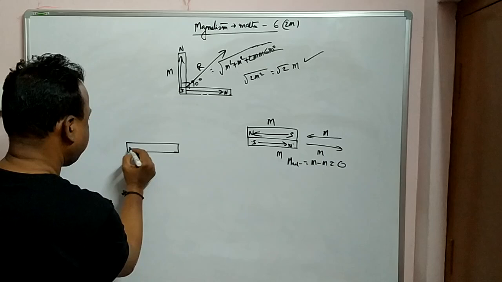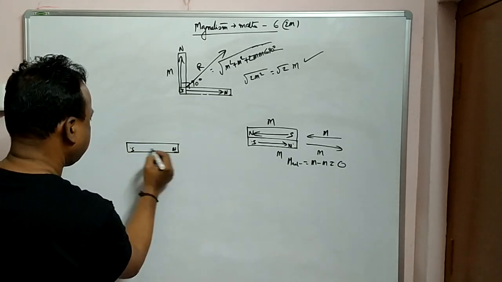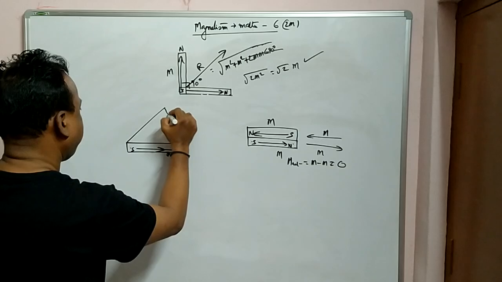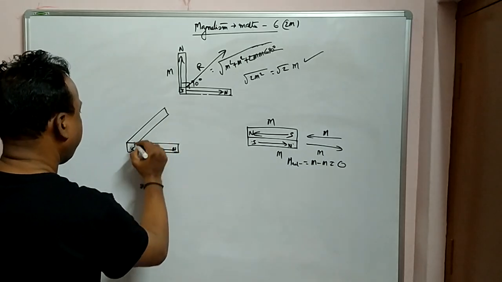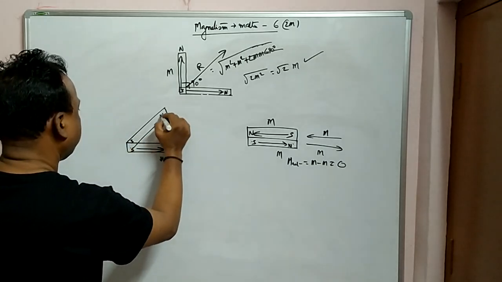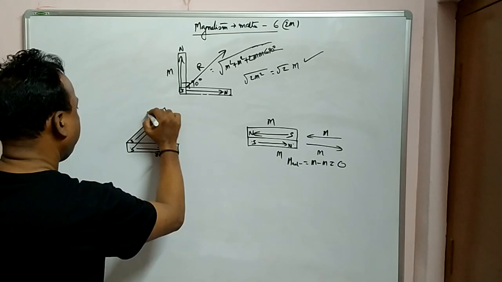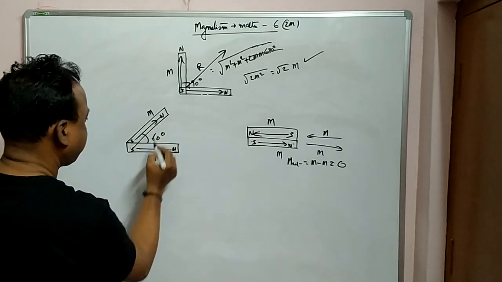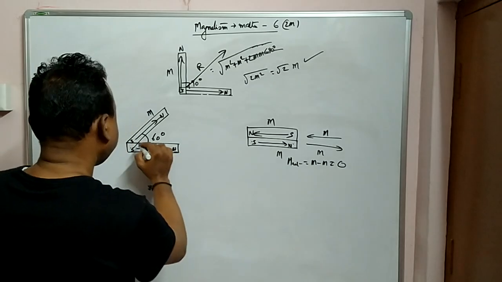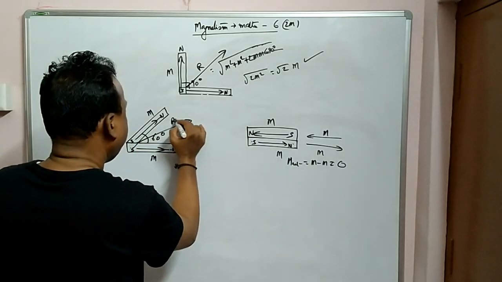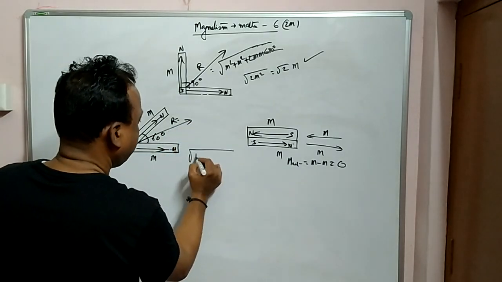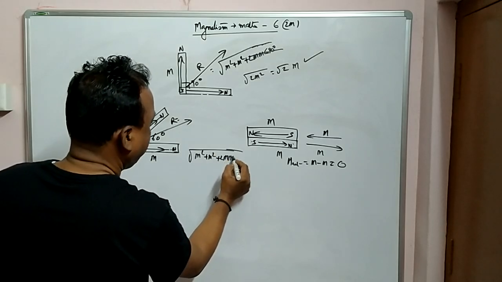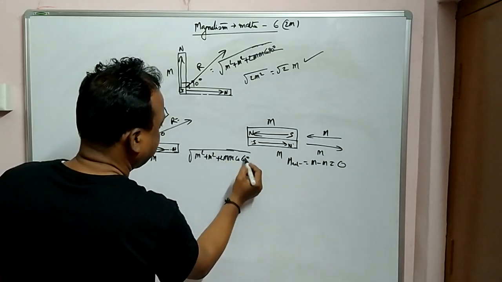For example, these are the poles, magnetic moment. Another magnet is kept in this fashion, south and north moment. Now you can see here the moments are making, for example, say 60 degrees. So what will be the resultant for this one? Again your parallelogram law: root over A square plus B square plus 2AB cos 60 degrees.